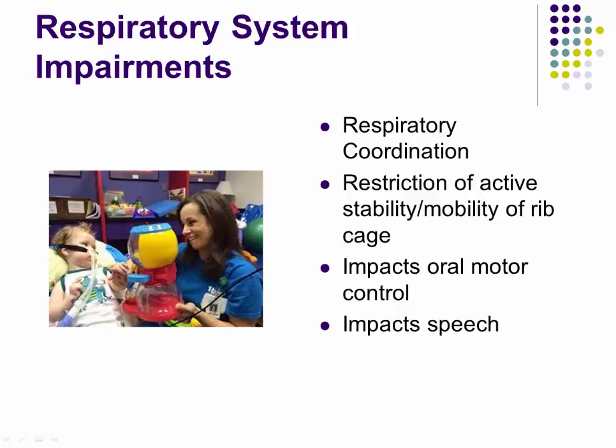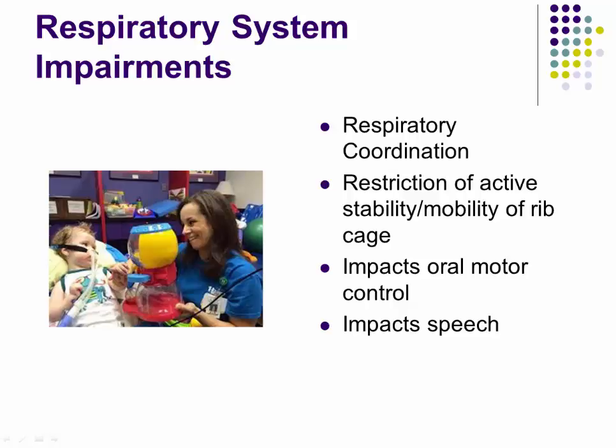Children who are born premature have respiratory problems anyway, because the lungs are one of the last things to develop in utero. This is also going to contribute to a lack of postural control, which is decreased tone in the proximal muscles of the trunk.